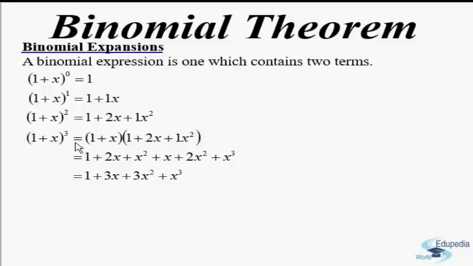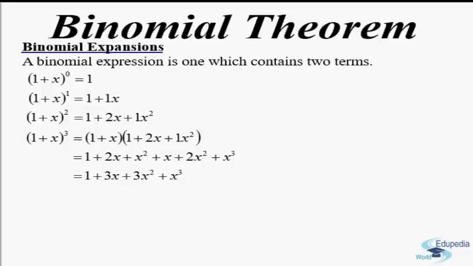You might just have 1 plus x cube. What are you going to do then? You would have to multiply 1 plus x by 1 plus x and then again by 1 plus x. That requires a lot of calculations, but it is still solvable. You would need 5-6 steps, but it can be solved.